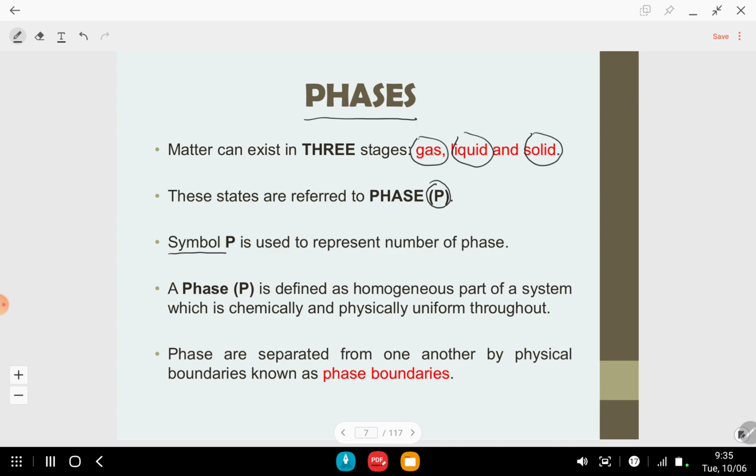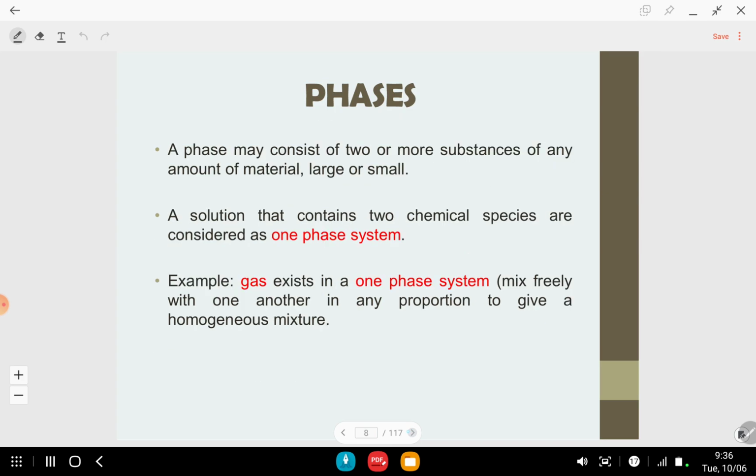For example, how many phases are there in a beaker, in that solution? The phase is defined as a homogeneous part of a system which is chemically or physically uniform throughout. Phases are separated from one another by physical boundaries known as phase boundary.